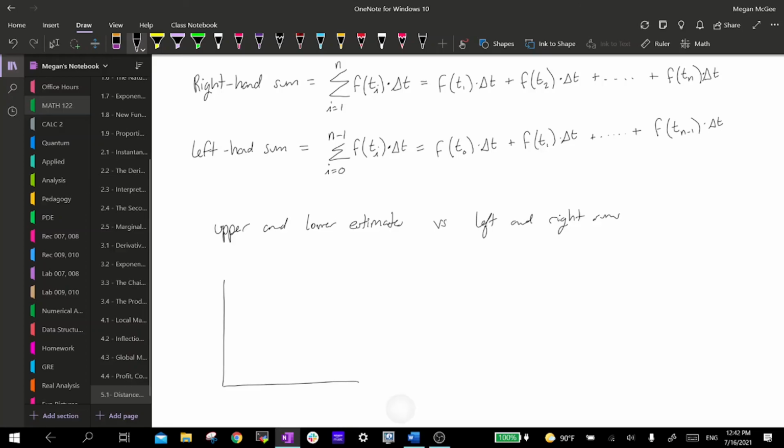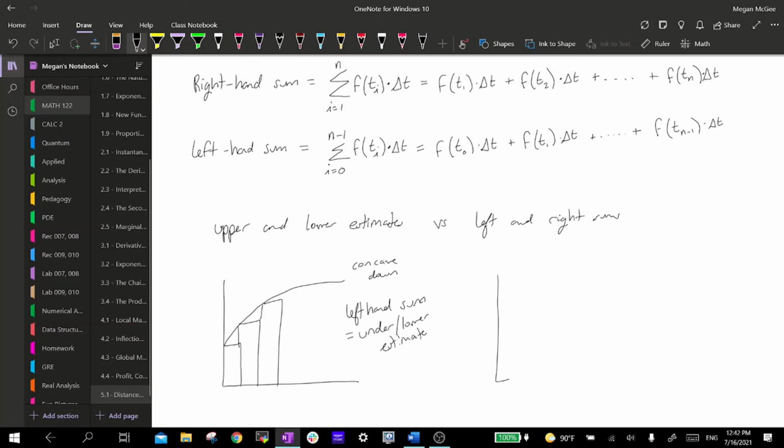Today we looked at multiple graphs that were concave down. So if this is concave down, we're going to pick the left estimates. So this is a left-hand sum, and in this case, this is an under or a lower estimate.